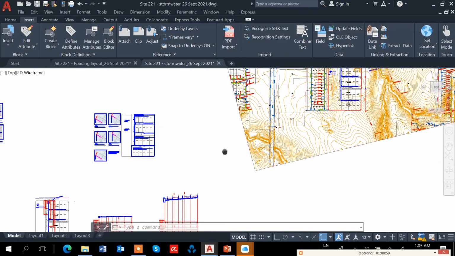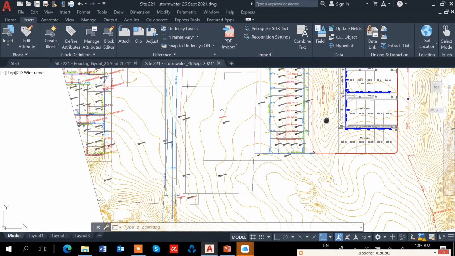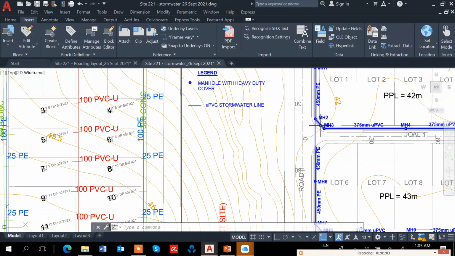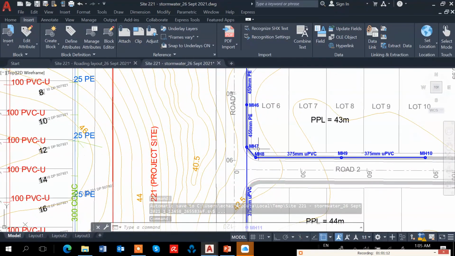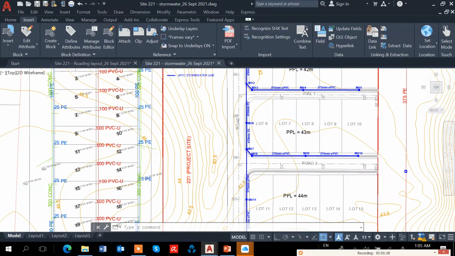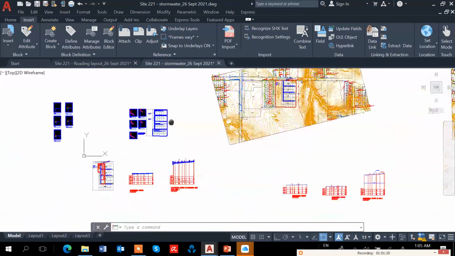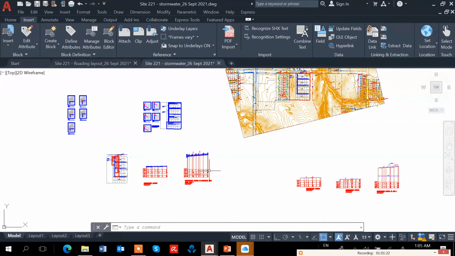It's going to join from the road one. So the pipes are going to join into the MH2. And then MH7 is from road 2. The pipe here is going to join to MH7. So we know the level of the MH7 as well.